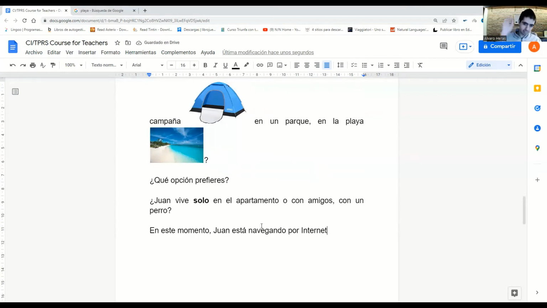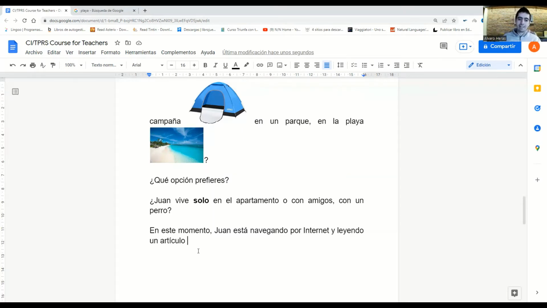Navegando por internet y leyendo un artículo, sí. And again, leyendo, you can just use a gesture to help your students understand in case they don't know what it means. Leyendo un artículo, but again, like my gesture, the context, you know.